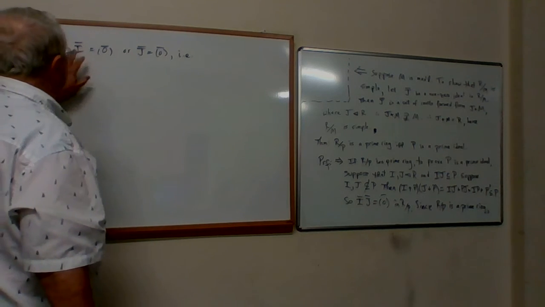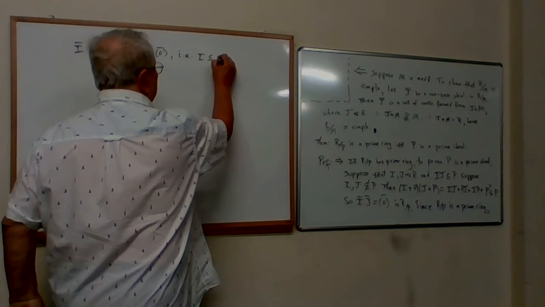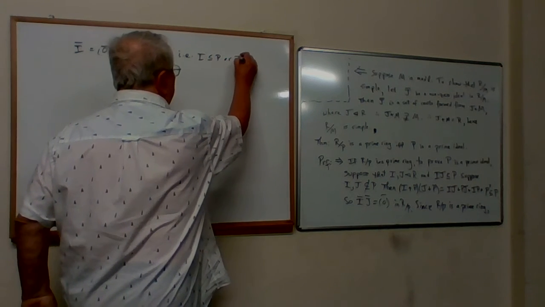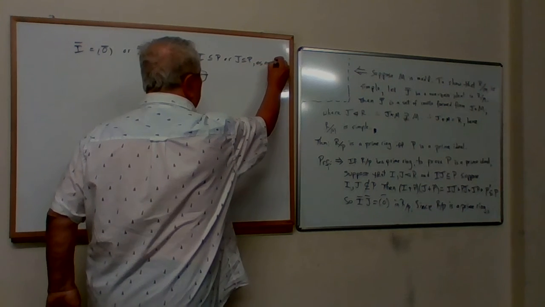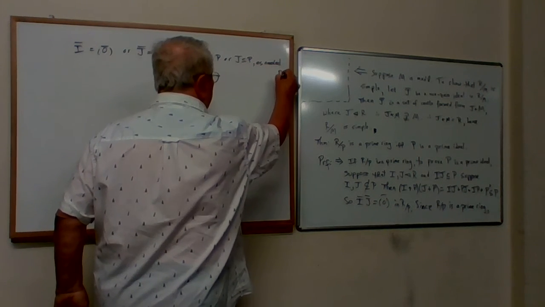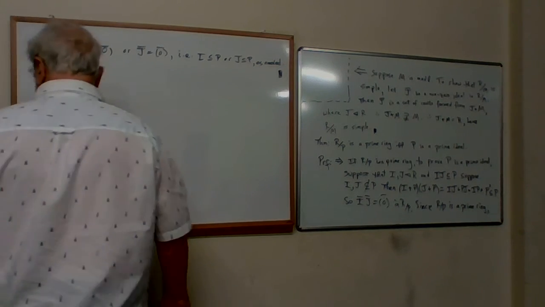It's P. So I would have to be contained in P, or J is contained in P, as needed. Okay, and that's the end of the proof. That's the end of this half.